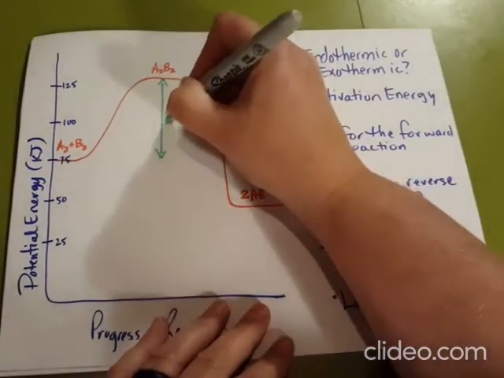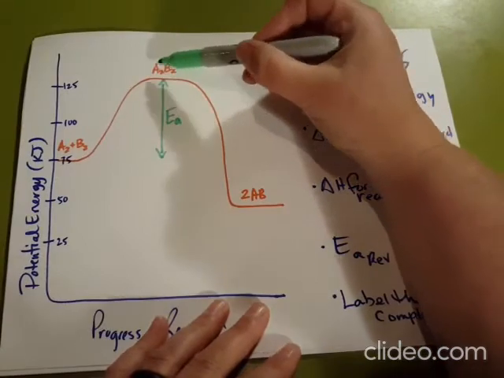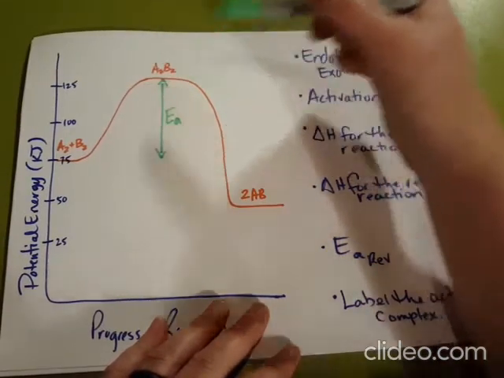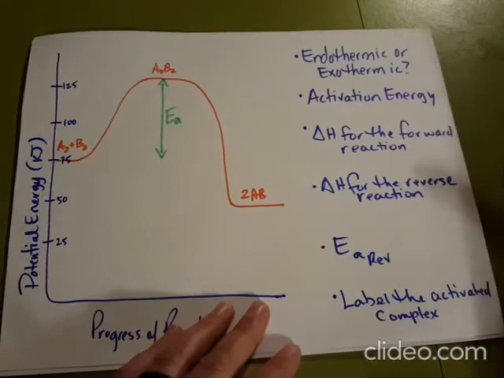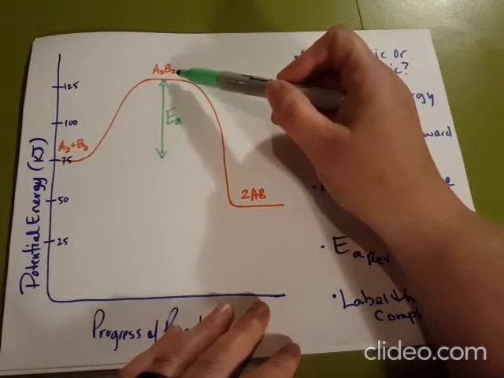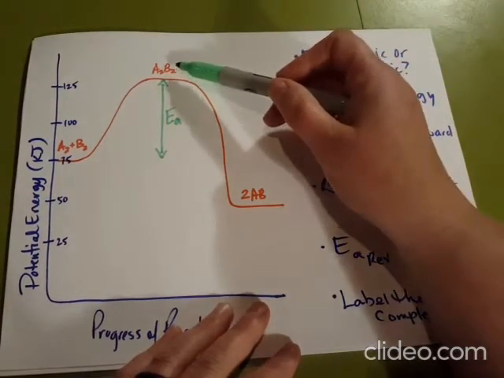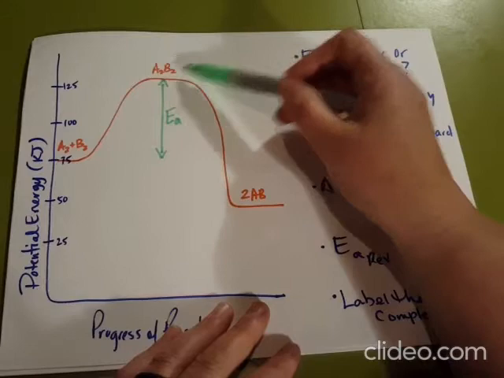And it forms this activated complex where it's like a mega molecule. It's an intermediate molecule, highly unstable. And for just a brief moment, it forms, let's say, this A2B2. And then it will immediately break apart.